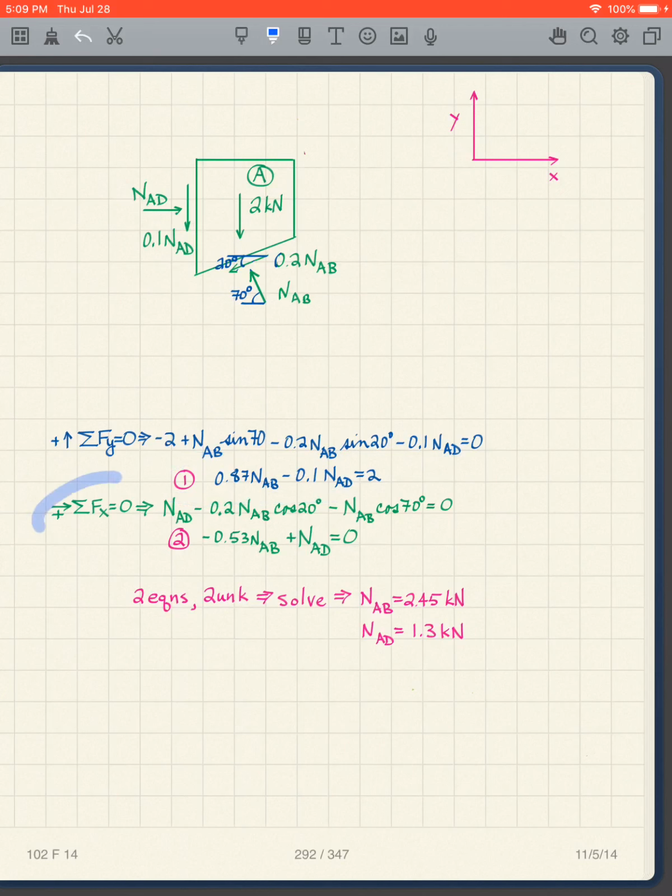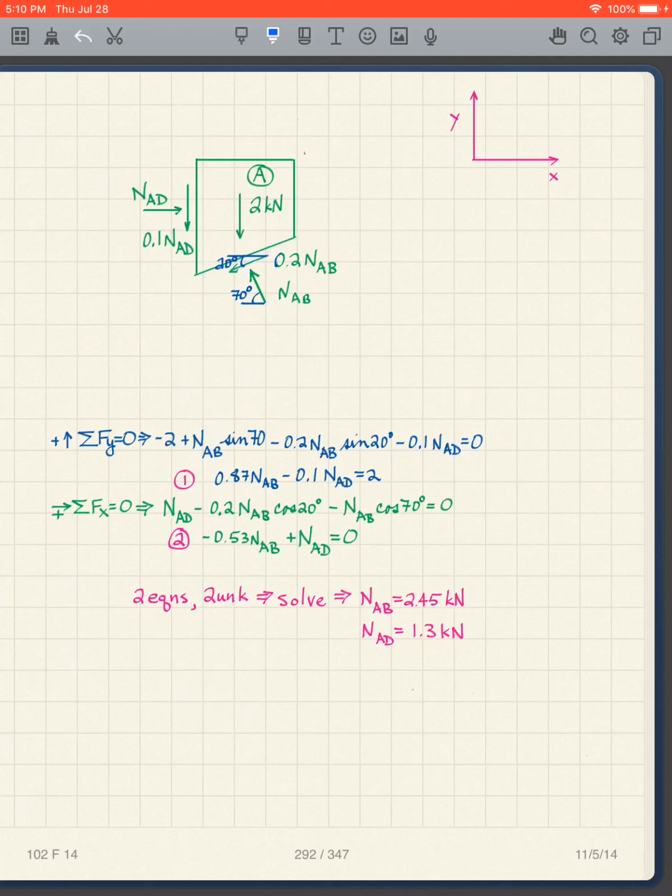Now I take the sum of the forces in the x direction. And what do I have in the x direction? I've got that in the x direction. I've got a component there in the x direction. I've got a component there in the x direction. So I have 3 terms. And so I have my NAD for that one. And then this goes to the left, so it's going to be negative.